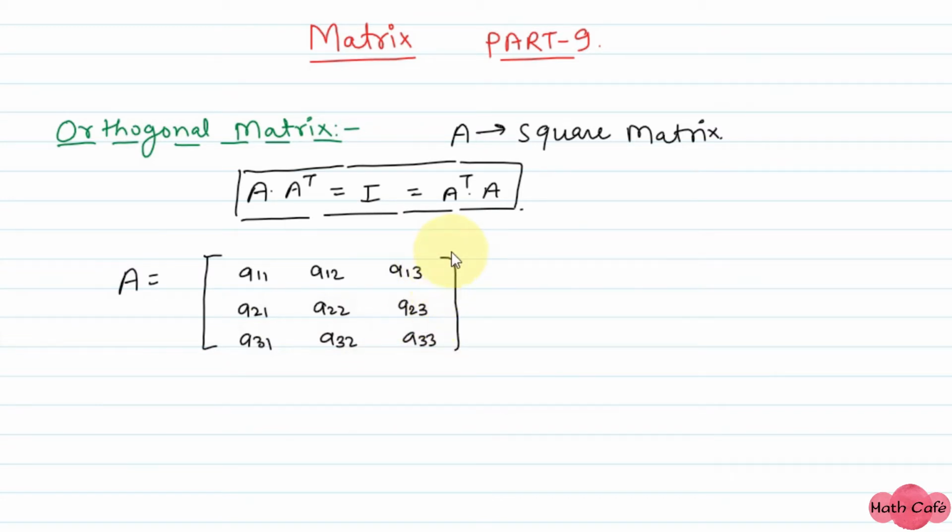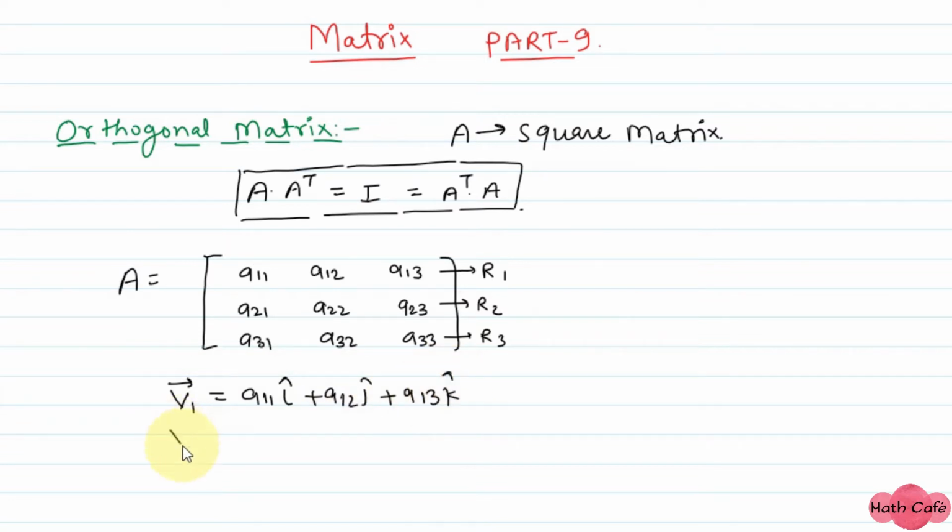This one is row number 1, this one is row number 2, this one is row number 3. Let's say all the entries of row number 1, I'll represent as the components of V1 vector. Let's say V1 vector is A11 i cap plus A12 j cap plus A13 k cap.